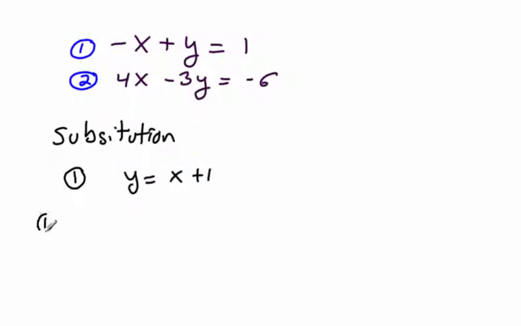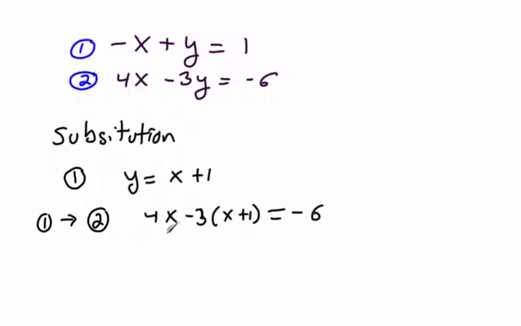Then I'll put that into equation 2. Where I see y in equation 2, I can replace it with x plus 1. So I'll rewrite this as 4x minus 3 times, replacing y with x plus 1, and set this equal to negative 6.